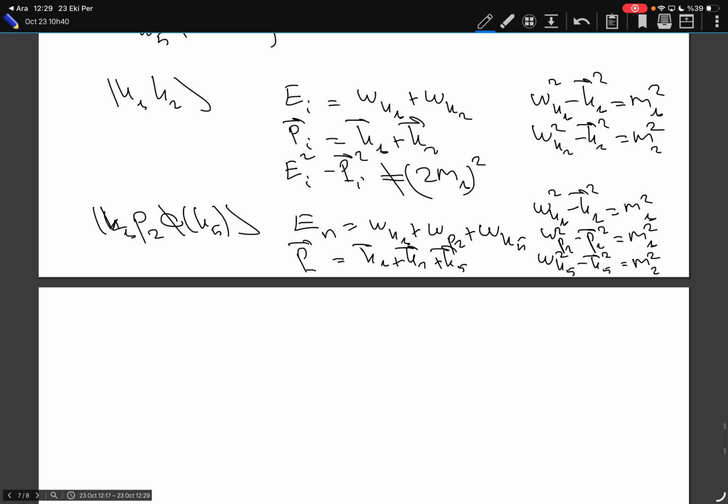So which energy non-conservation, which equation of motion non-conservation are you talking about? Is it m2 squared? Yes, m2 squared.